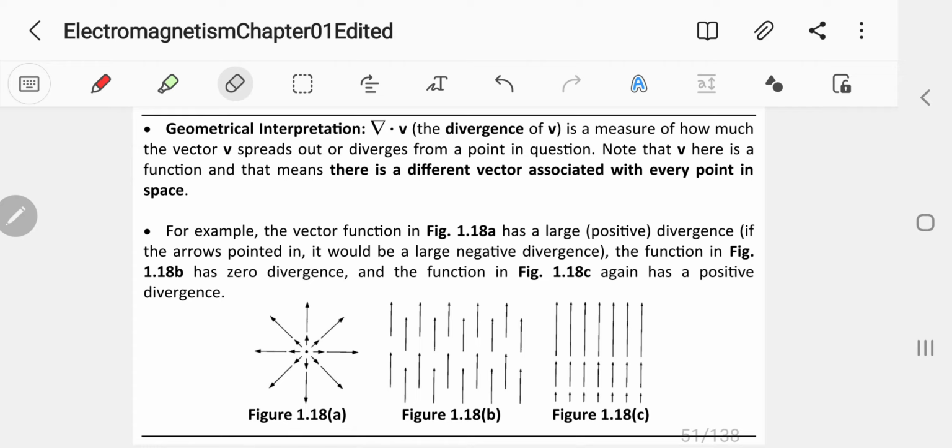That's called a divergence of the vector v. For example, your v would be your water, and you would see that it spreads out on the floor of the kitchen here.